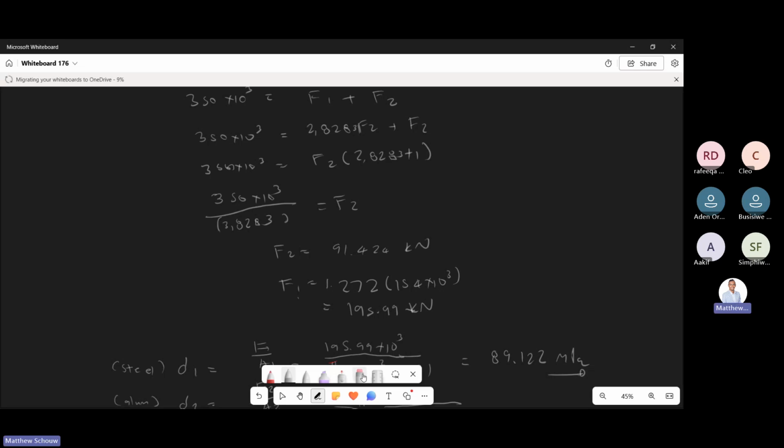And I'm just going to erase all of this. Obviously, you know what to do there. We take that same thing, 91 point something times, what is the ratio again? 2.8283. Then we should get 258 for the steel. Okay. And that's 576 kilonewton.